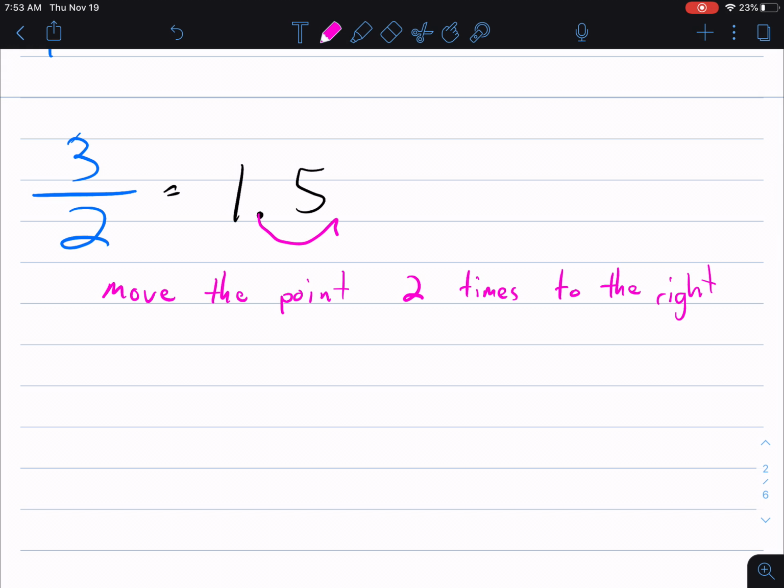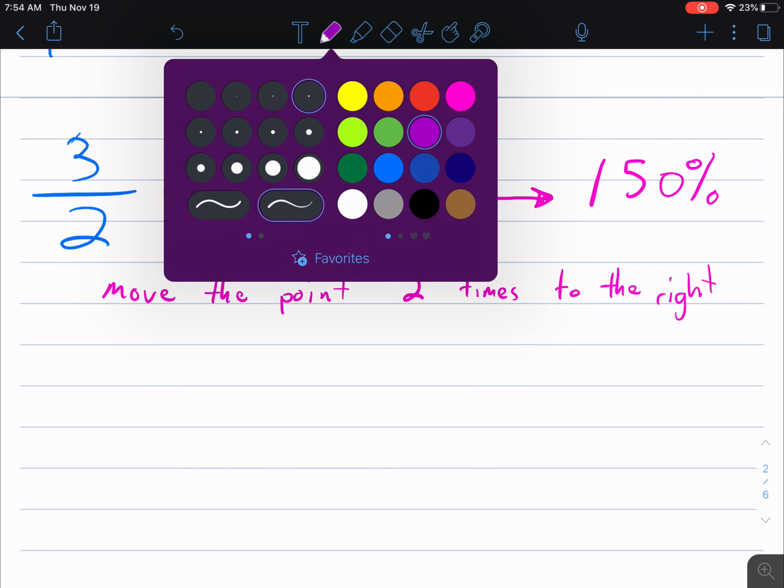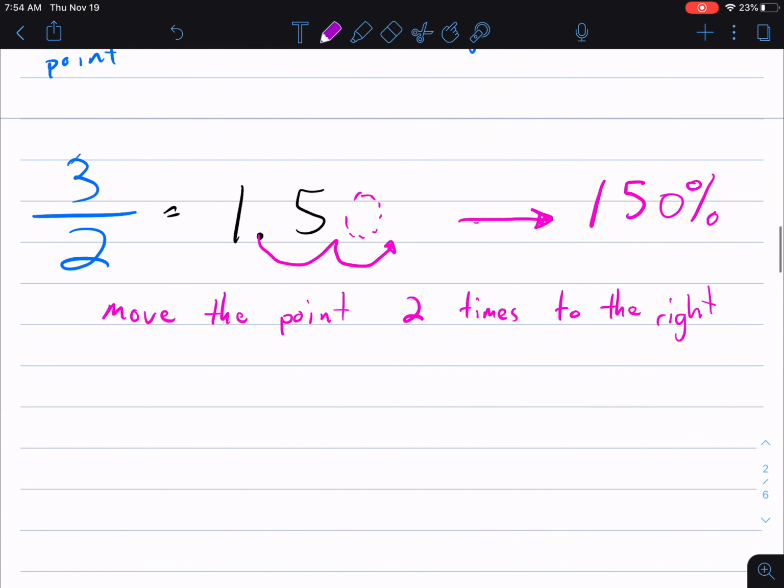So 1, 2. If there's a space, what do I put? Si hay un espacio, ¿qué pongo? 0. My percent is 150%. So here I have fraction, decimal, and percent.